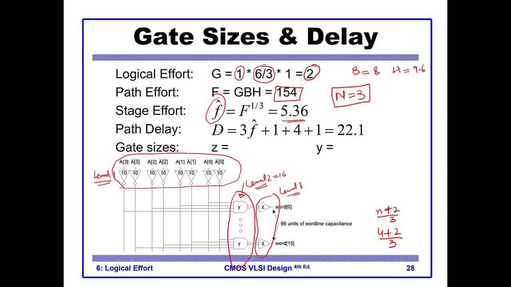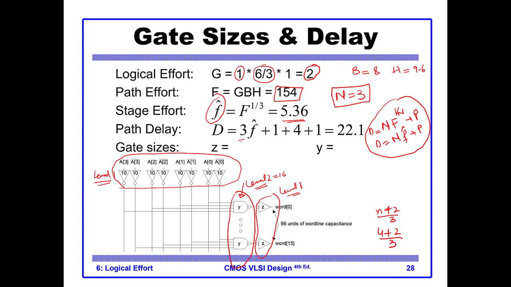So what is now the delay? If you remember the equation, it was N F raised to the power 1 by N plus P. This was our delay. We can also write it like this: N F cap plus P, because this is F cap.